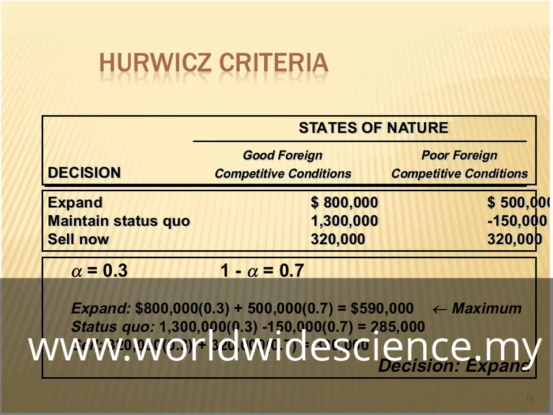When you allocate one alpha or coefficient to one of the states of nature, the other one is 1 minus alpha. The sum of the two alphas should be 1. Okay, you allocate the alpha according to your experience.